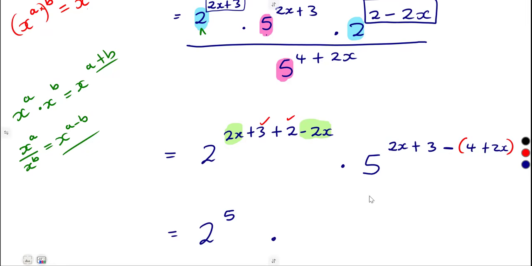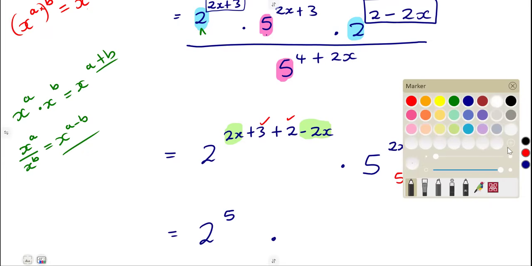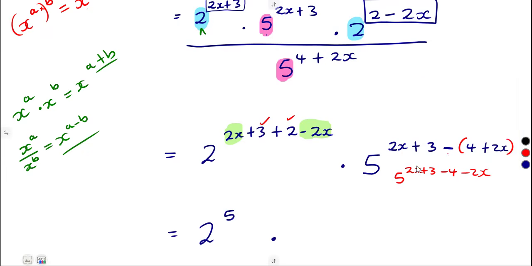It was going to definitely give us 5 to the exponent of 2x plus 3. We expand by negative, so that's negative 4. Negative times 2, negative 2x. As we can see, we've got like terms again here, 2x minus 2x. So you're going to remain with 5 to the exponent of 3 minus 4. 3 minus 4 is minus 1. So this is where we are.